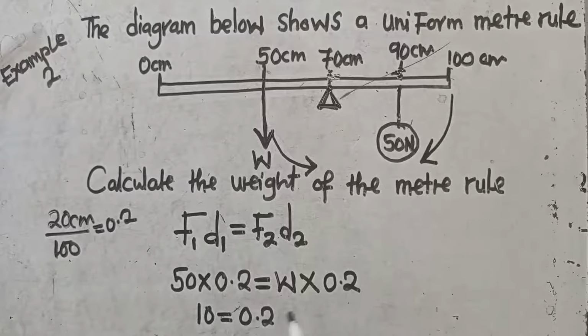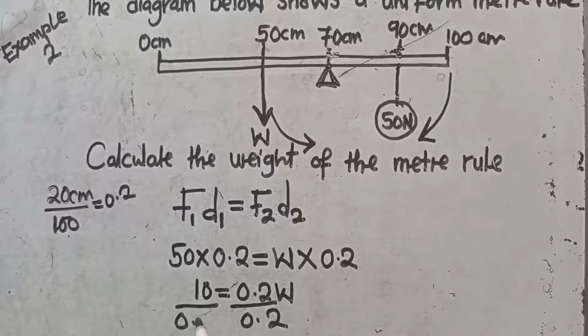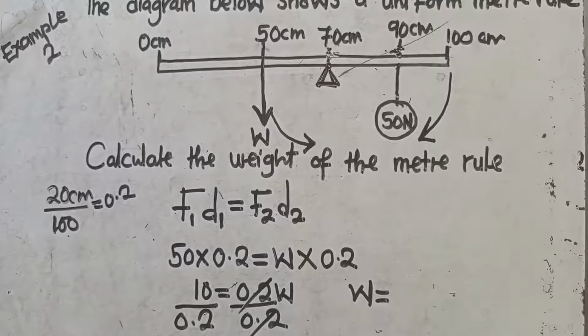Have you seen? 0.2 W if I multiply. I now divide both sides by what? 0.2. Even here, I divide by 0.2. So 0.2, 0.2 cancelled. W is equal to what? This same 10 that is here. So 10 divided by 0.2. What is the answer?